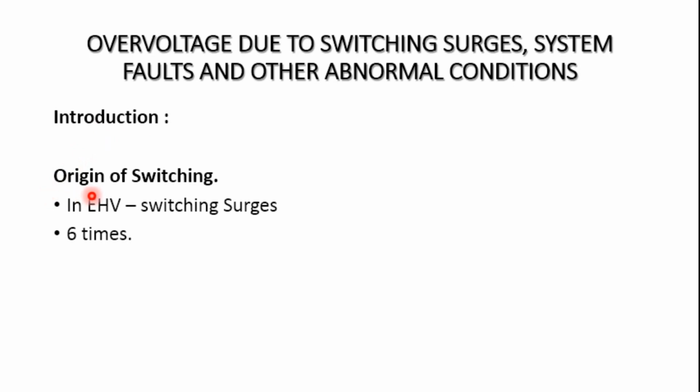Then what are the origins of the switching surges? What are the sources for the origin of switching? When we make opening and closing of the switches, like this is a switch, the switching time is 0 and at infinity.